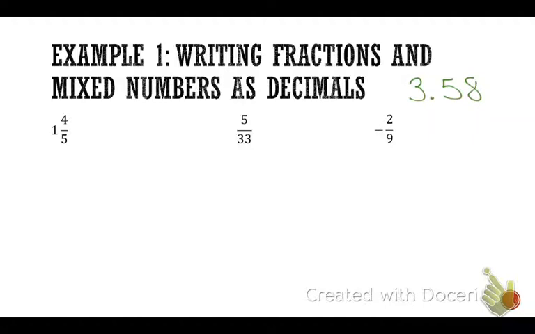So with that in mind, I'm looking at this fraction, and I look at the denominator, and I ask myself, is this denominator divisible by one of my decimal place values? Meaning, can 5 be divisible by 10? The tenths place? Yeah. Okay, so if I can make my denominator one of those place values, the tenths place or the hundredths place, then I can write this as a decimal pretty easy.